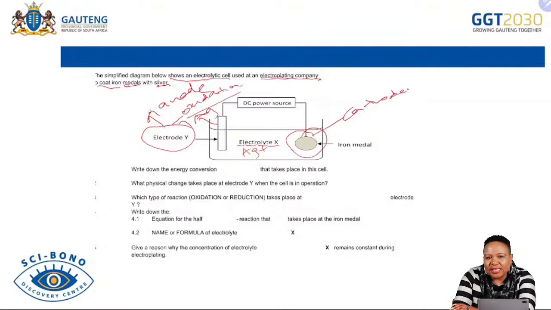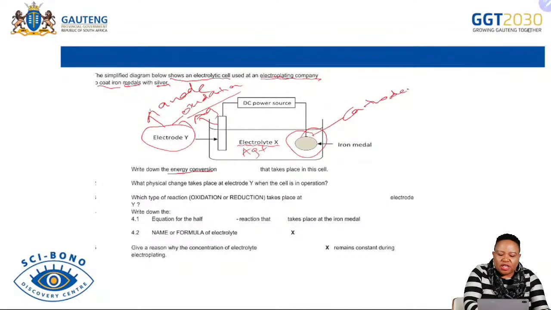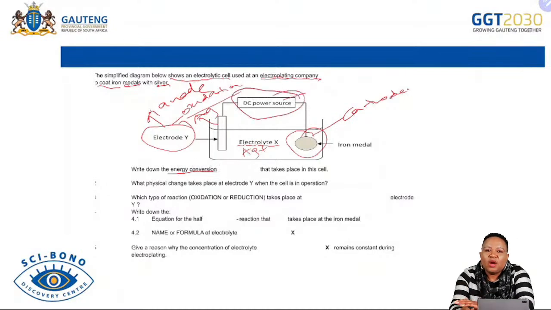So let's look at the questions. Write down the energy conversion that takes place in this cell. The energy conversion, remember, because of the power source, it is already telling us that it's an electrolytic cell. So we will know that this energy that we are adding in this process will make us move from electrical energy to chemical energy.